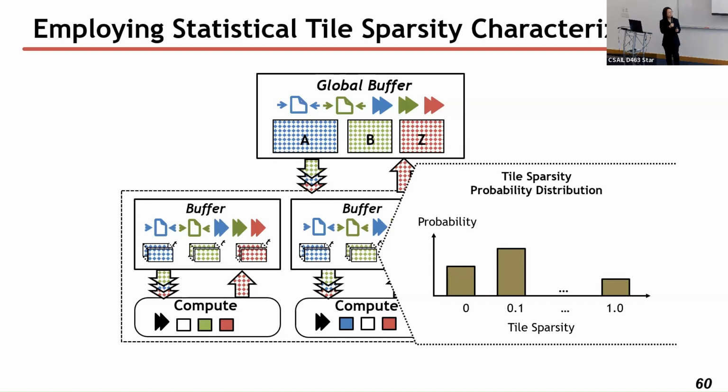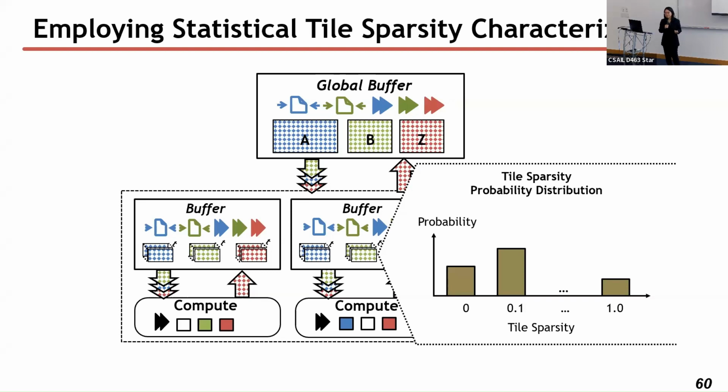As you can see here, instead of looking at every single tile at different time steps, we generate a tile sparsity probability distribution. What this distribution is telling us is that for a specific percentage of time, we're going to get a tile of a specific sparsity degree. And this allows us to not really look at the exact tiles and just use mathematical derivations to analyze what will be the impact globally.